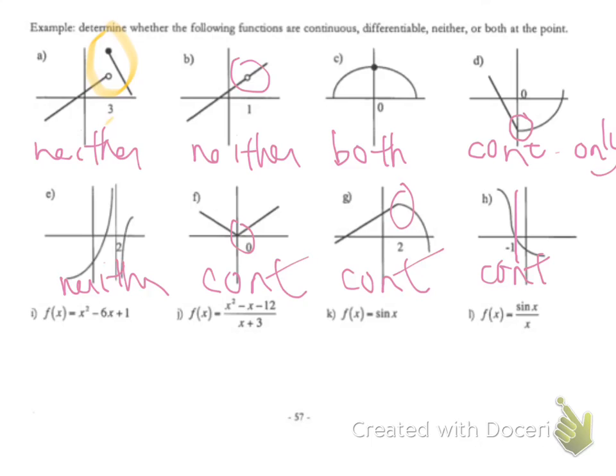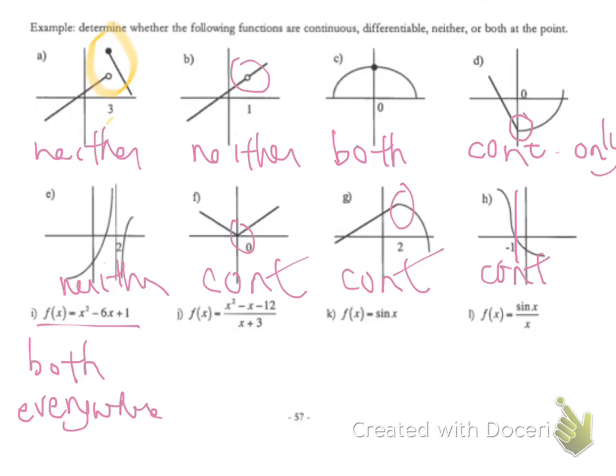Next slide. This is getting longer than I expected. Now we're doing the same thing by looking at the functions. This is a polynomial function, which is continuous and differentiable everywhere. Polynomial functions, remember, are continuous functions.